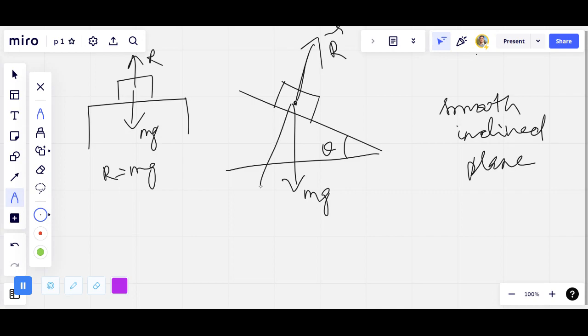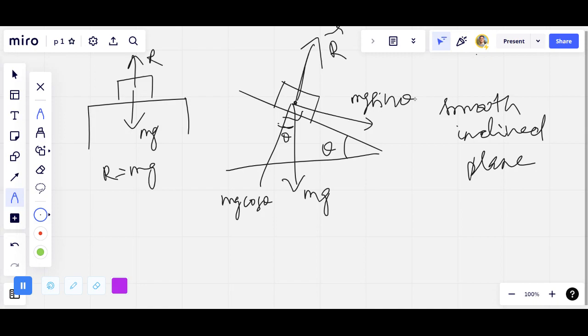Now if this is theta, this will also be theta according to similarity between triangles. So no need to worry much. Now this is mg, theta is attached to this side, so this has to be mg cos theta. And the perpendicular component to this will be mg sin theta.